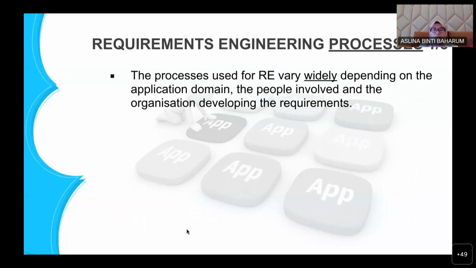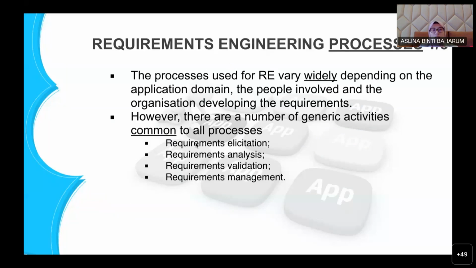The requirement engineering process is the process used for RE, and it is widely used in all organizations. Common activities in the process of requirement engineering are requirement elicitation, requirement analysis, requirement validation, and requirement management.